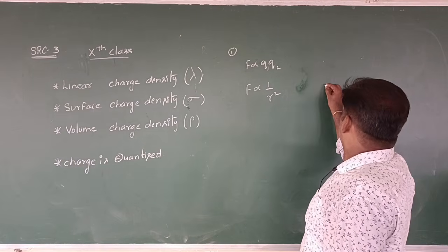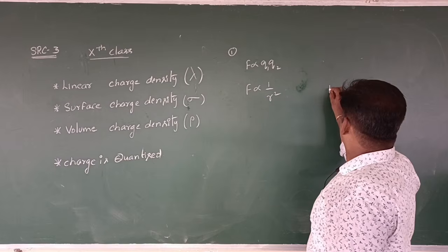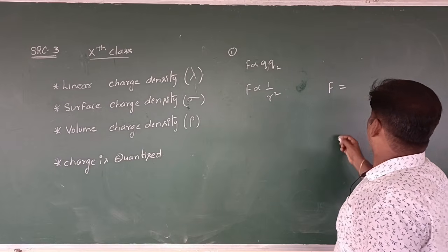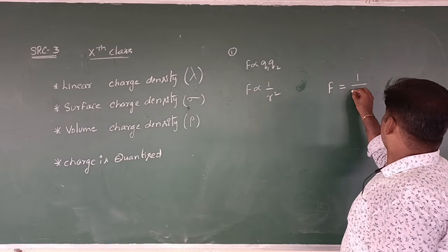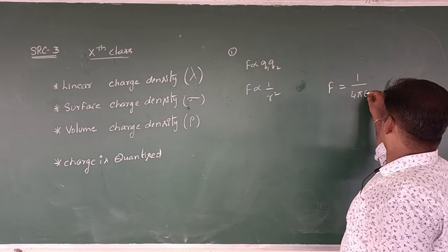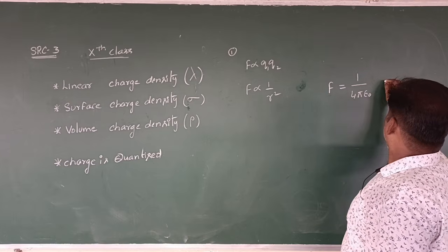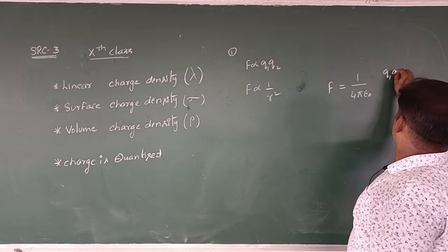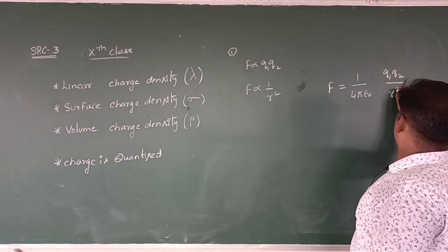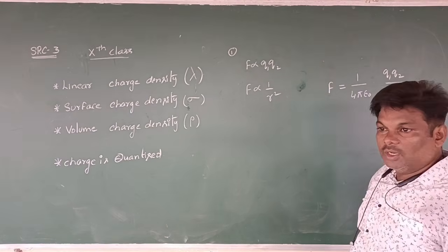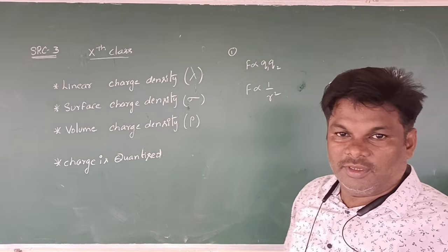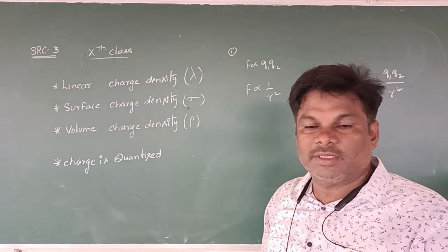Now I'm going to derive the formula for this. F is equal to 1 by 4 pi epsilon naught into q1 q2 by r square. This is your formula for Coulombic force between charges.